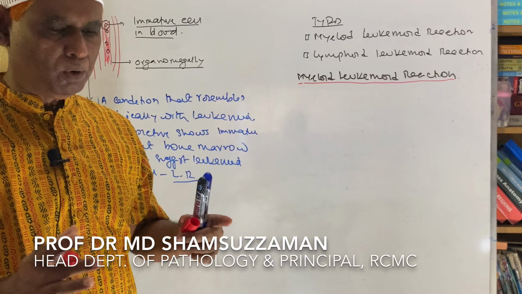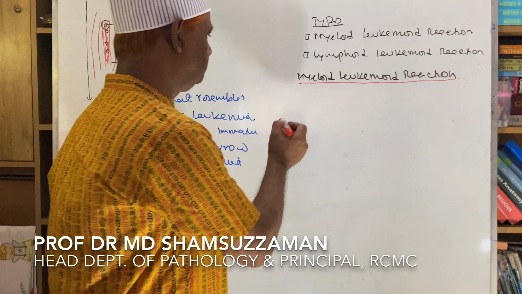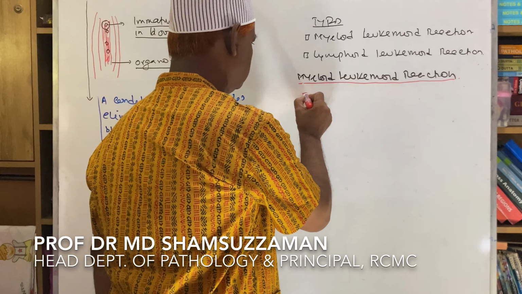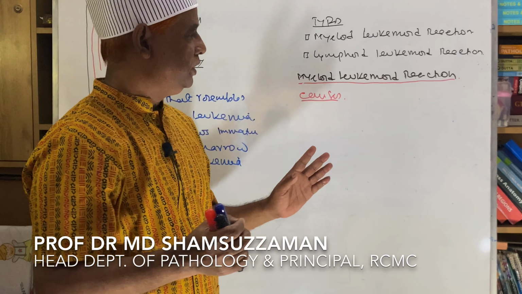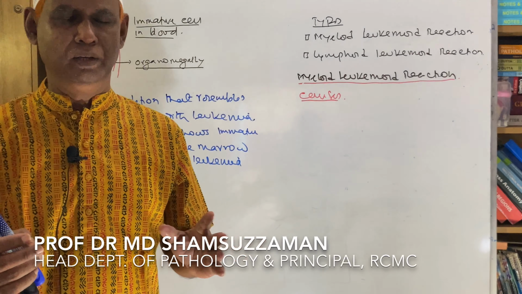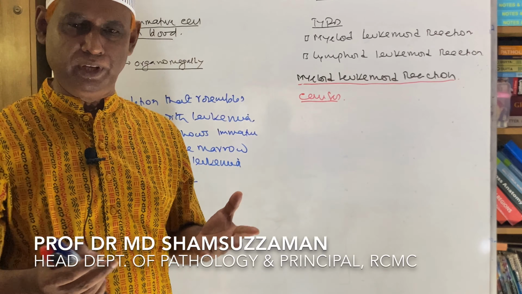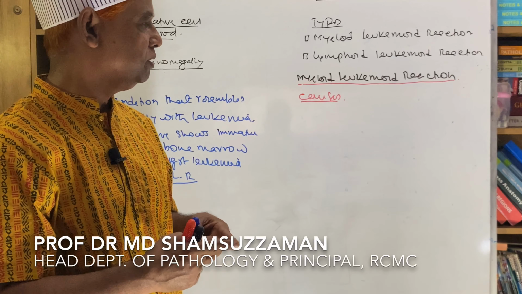Now come to the causes of myeloid Leukemoid reaction. Dear audience, the conditions where there is leukocytosis with predominating neutrophils may be the causes of myeloid Leukemoid reaction.